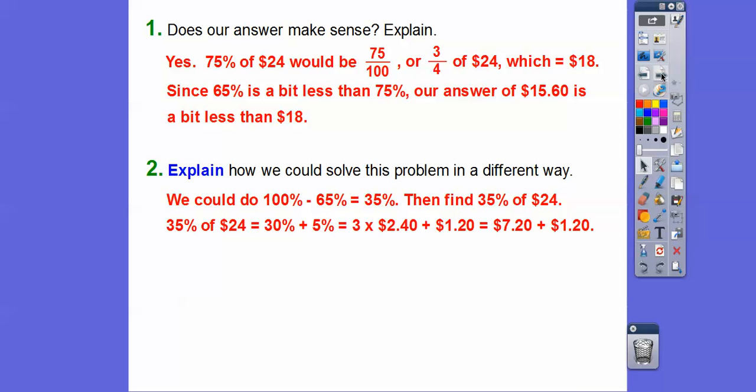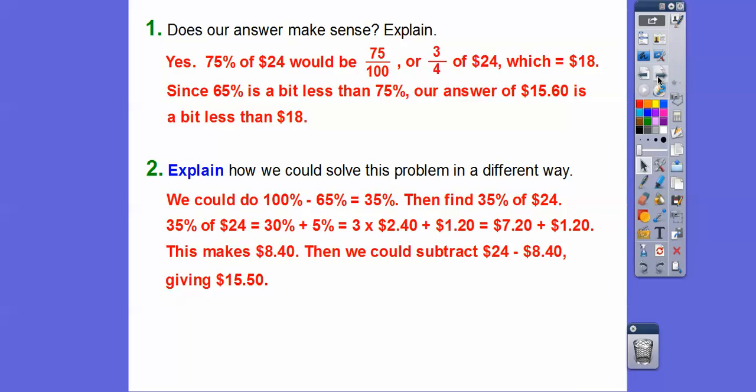And so I did 30% plus 5%, and remember, 30% is 3 times 10%, and the 10% was the $2.40, and the 5% was $1.20, so we get $7.20 plus $1.20, which gives us $8.40, okay? So if we subtracted that, that's how much he has left to save. So if we subtracted that, then that tells us that he would have had $15.60.